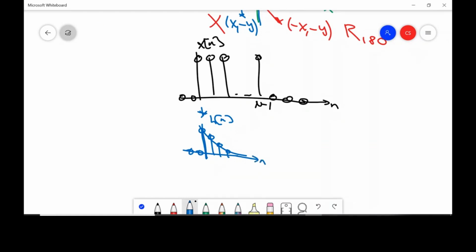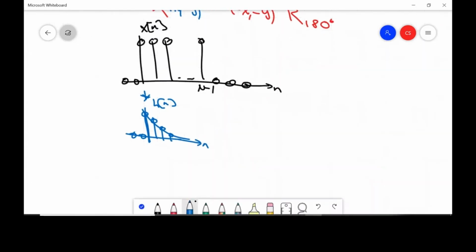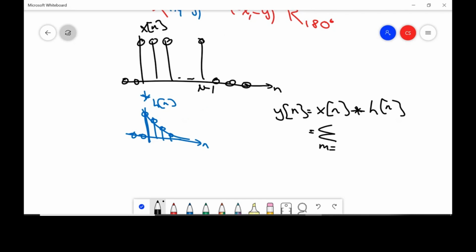Okay, so let's write the formula. The formula is y of n, that is the convolution of the two, is the sum over m of x of m, h of n minus m.